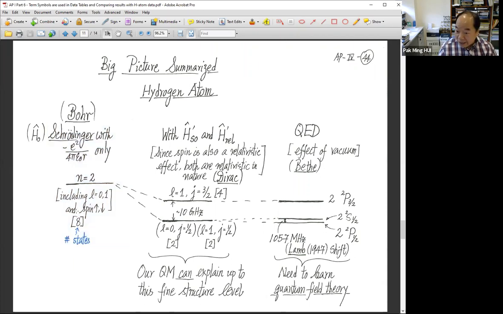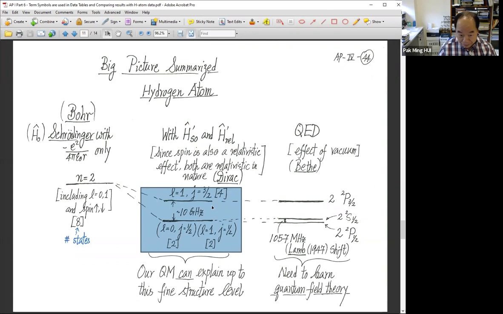And that is the standard minus 13.6 over n squared eV spectrum. In our course, we have treated spin-orbit, okay? We have also shown you how to do this relativistic correction. And then this is our prediction, okay? This is the n equals 2, 2s, 2p states, okay? 8 states all together.